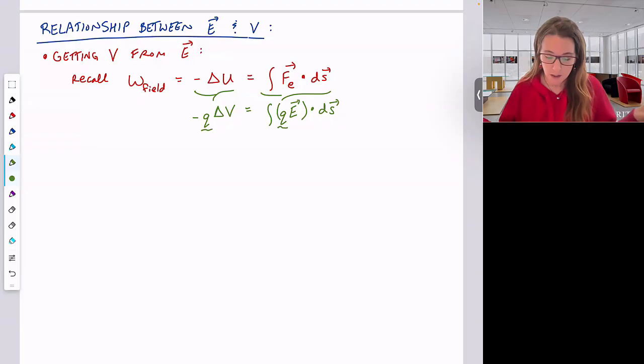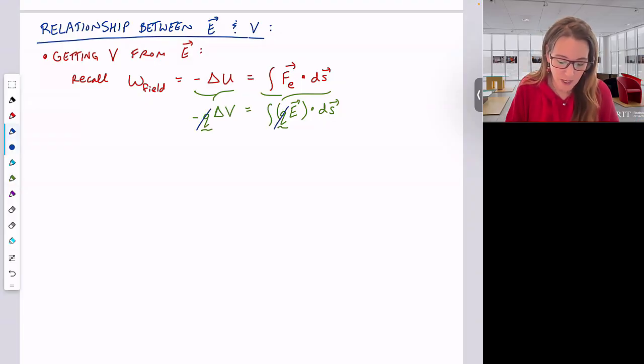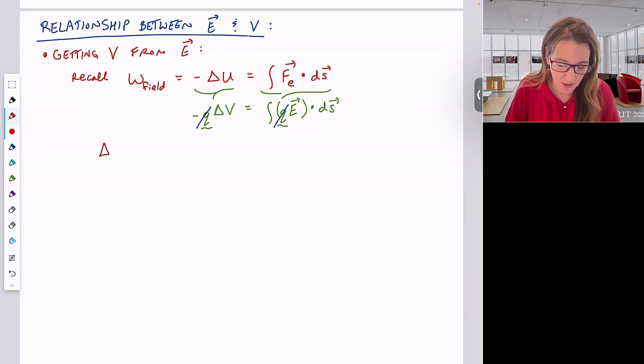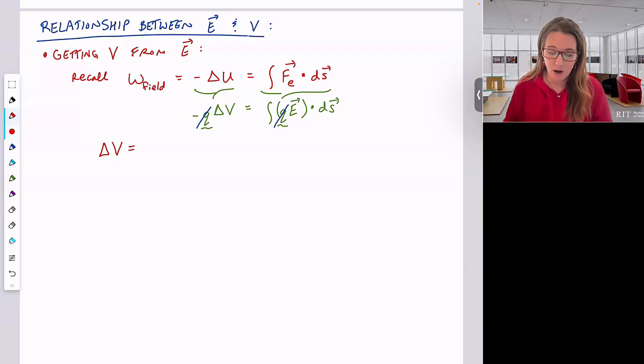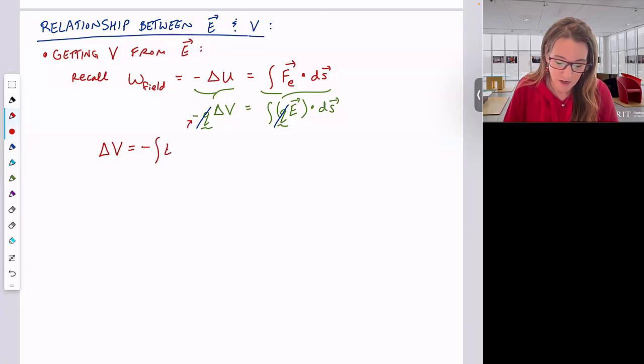And so if we cancel out that Q, then we end up with this relationship between the potential and the electric field. We end up with delta V, the change in potential, can be found from negative, moving this negative sign over, the integral of E dot ds.